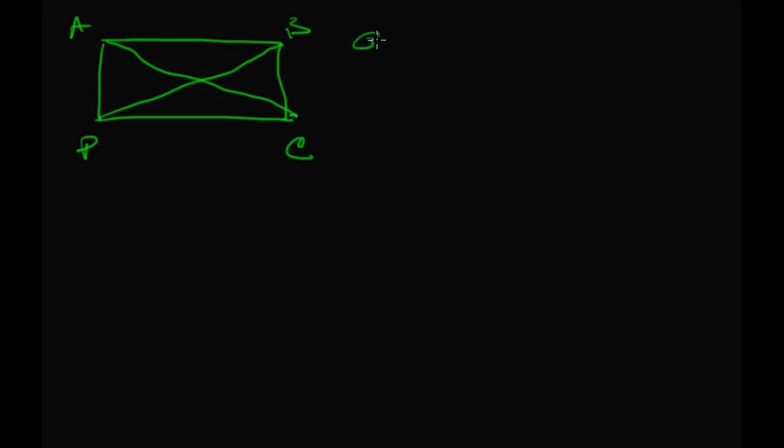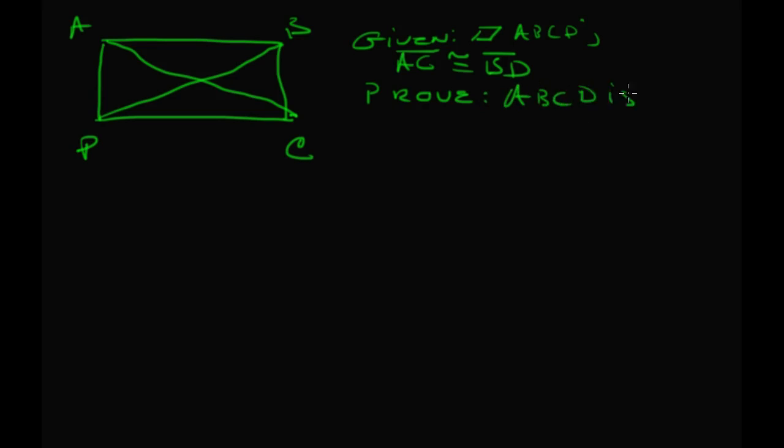So we're going to be given that we have parallelogram ABCD such that AC is congruent to BD. Then we want to prove that ABCD is a rectangle.